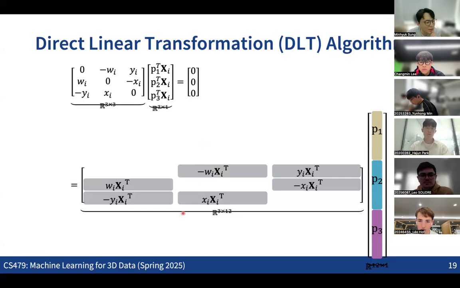Then what's the benefit of having these different forms of the matrix multiplication? The good thing is that now we can decompose everything in a way that we have one matrix which can be computed based on all the information that we have. The xi is the 3D point, and here all the small xi, yi, and wi are the homogeneous coordinates of the 2D point.